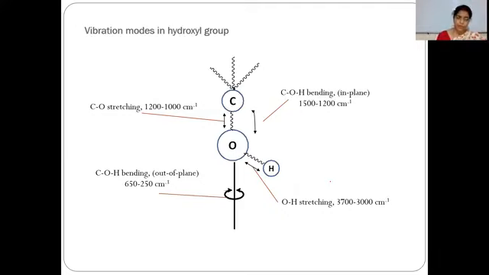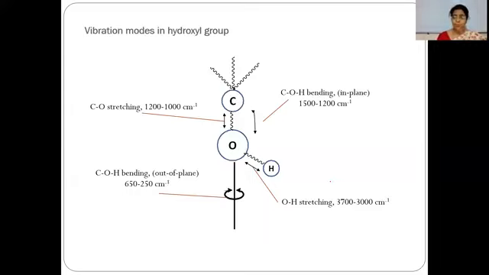The carbon oxygen single bond stretching shows absorption at 1200 to 1000 centimeter inverse. Similarly, oxygen hydrogen bond can be stretched. Symmetrical or antisymmetric stretching can be possible in OH bond, and it shows absorption at 3700 to 3000 centimeter inverse.